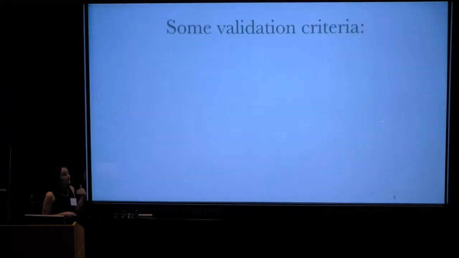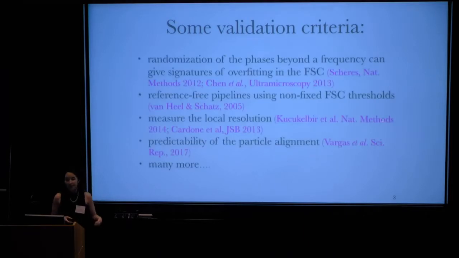There have been many methods used to validate cryo-EM maps. For example, randomization of the phases beyond a certain frequency can give you signs of overfitting in the Fourier shell correlation curve.